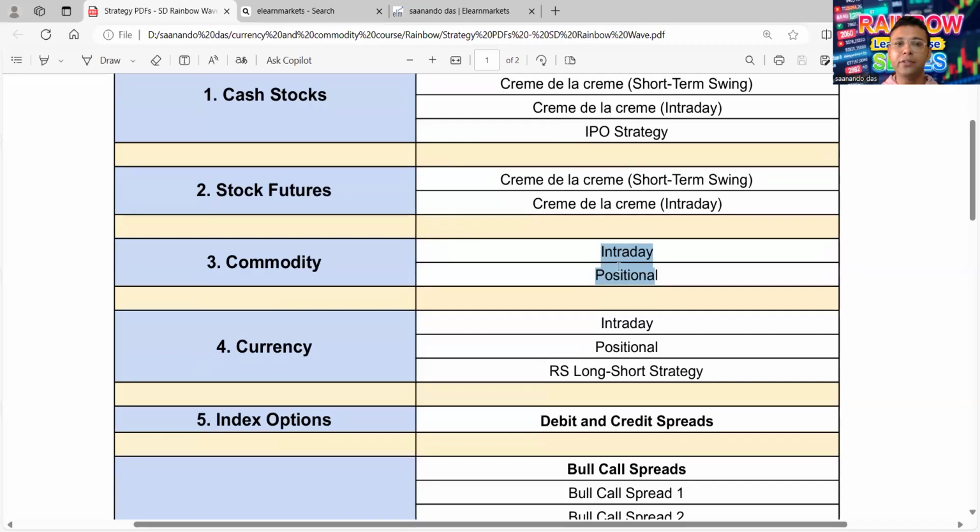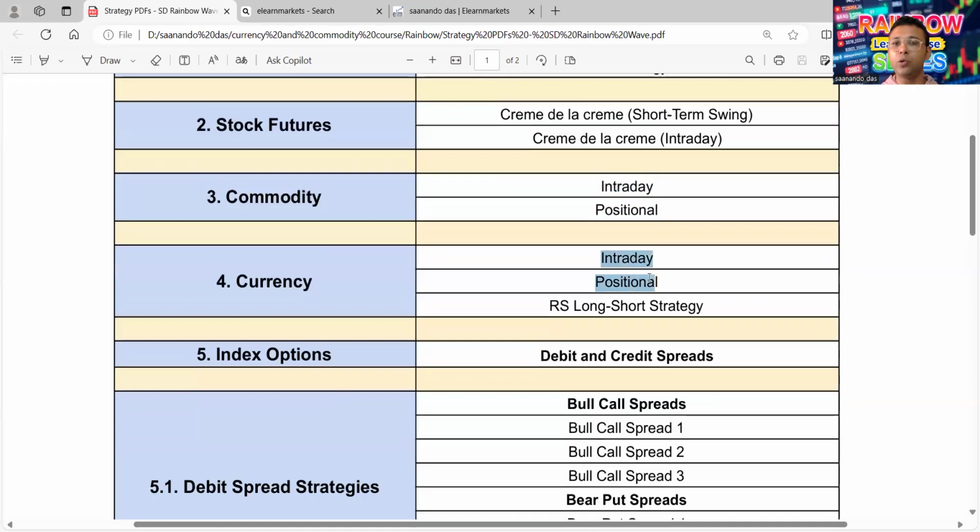So commodity is there, currency intraday positional and RS long short strategy is also covered.